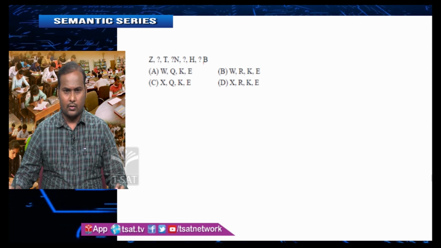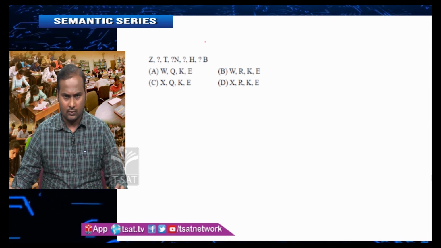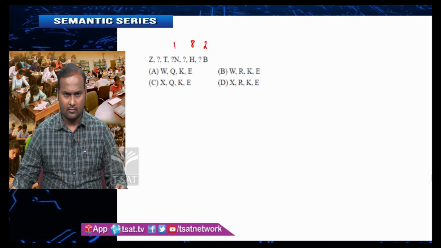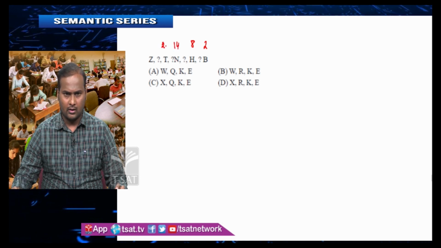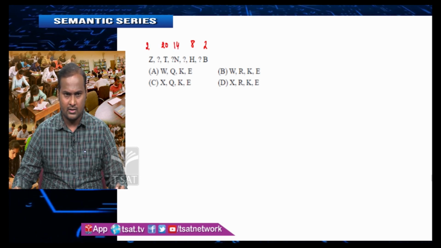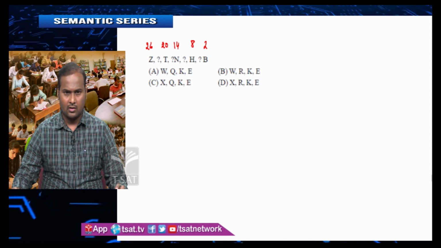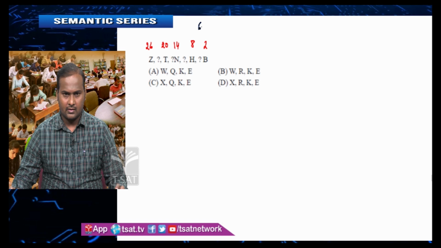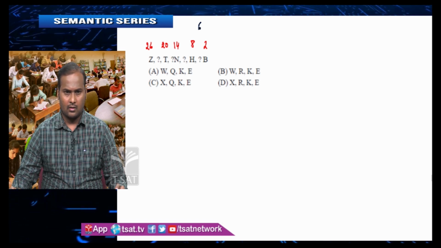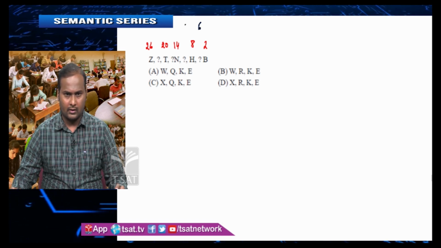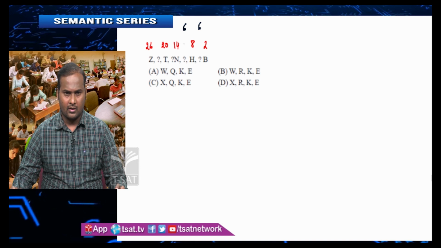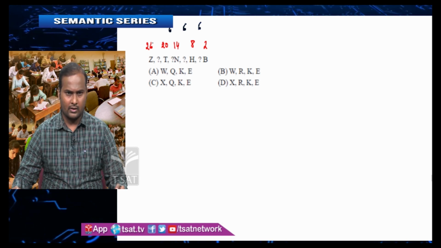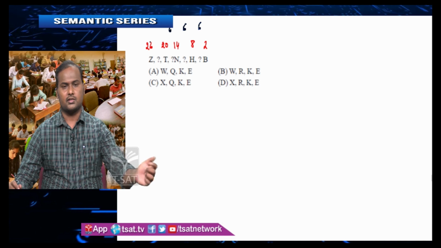Now see here, B is 2, H 8, N 14, T 20, Z is 26. Now this 2 to 8 increasing by 6. Now 8 to 14 here also increasing by 6. Again 14 to 20 also increasing by 6, and 20 to 26 also increasing by 6.